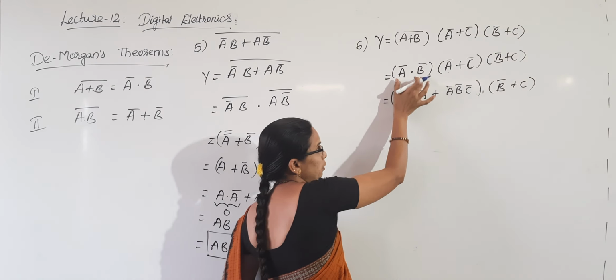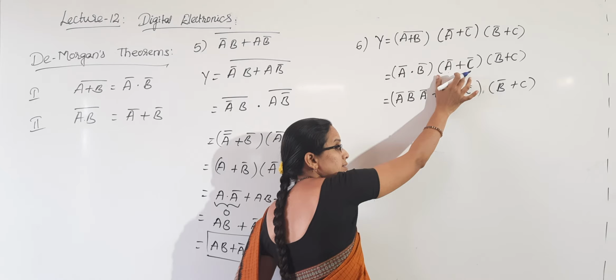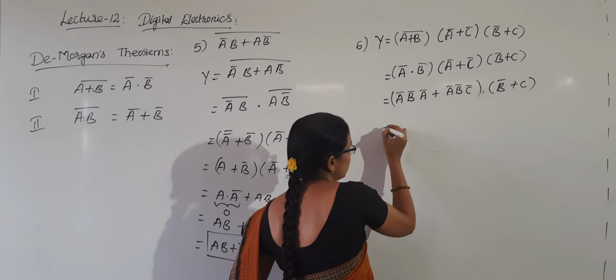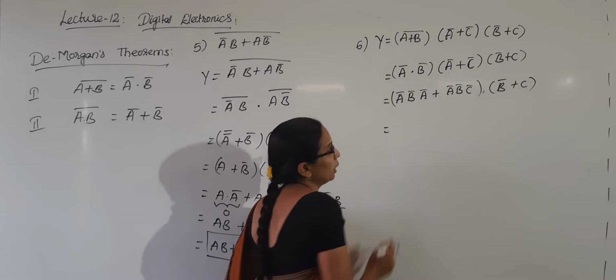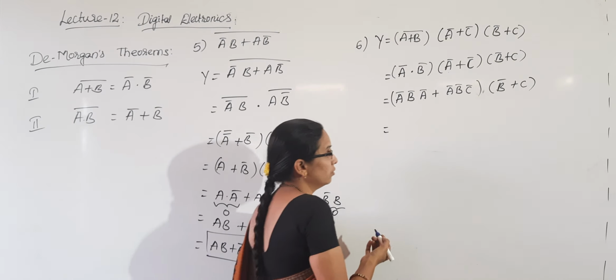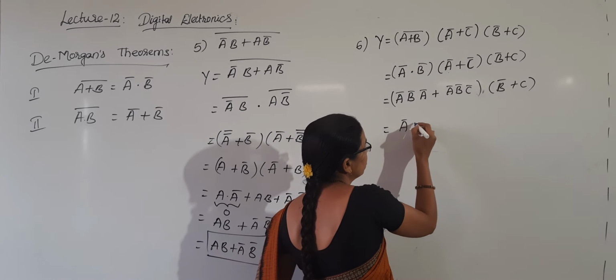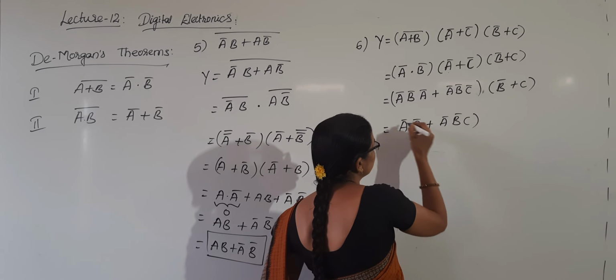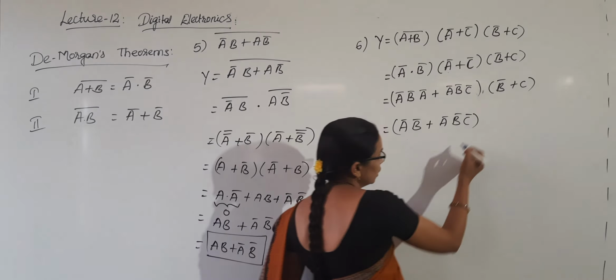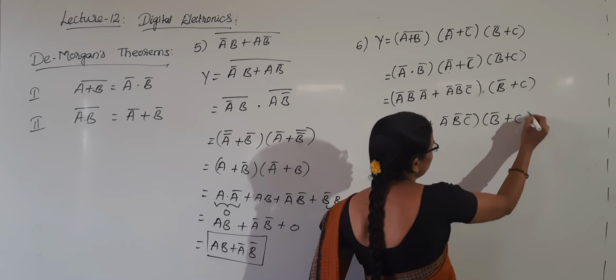I just multiplied this a bar b bar into this sum term. Here a bar into a bar, a into a is what? A. So a bar can be written only once, plus a bar b bar c bar. Here b bar plus c I will write like that only.